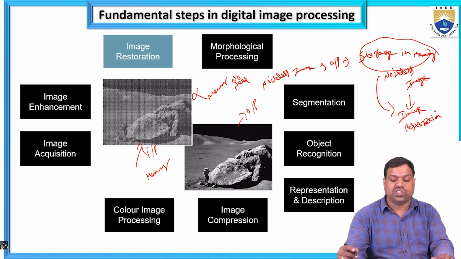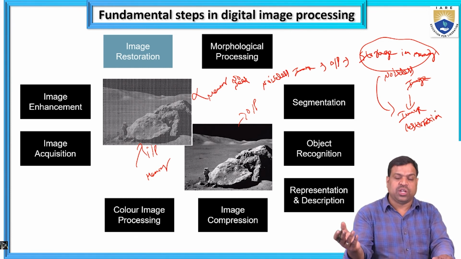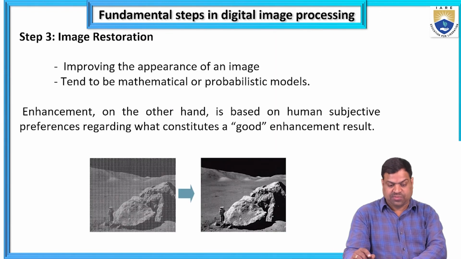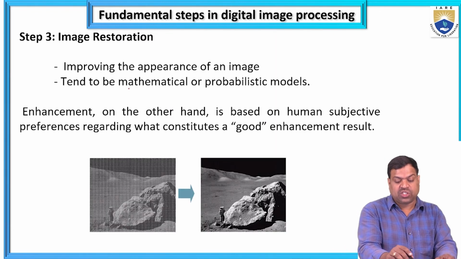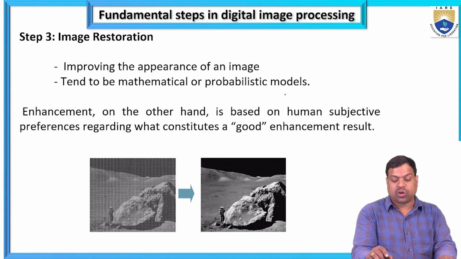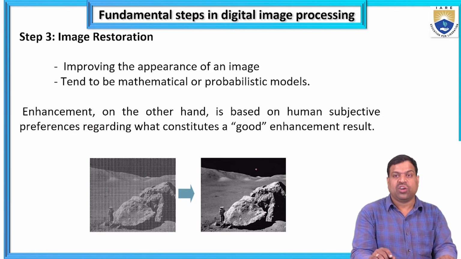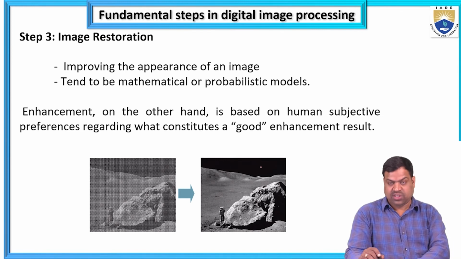So image restoration is that the input image is replaced with the output image. Image restoration is improving the appearance of an image, and tends to use mathematical or probabilistic models, and enhancement, on the other hand, is based on human subjective preference regarding what constitutes a good enhancement result.